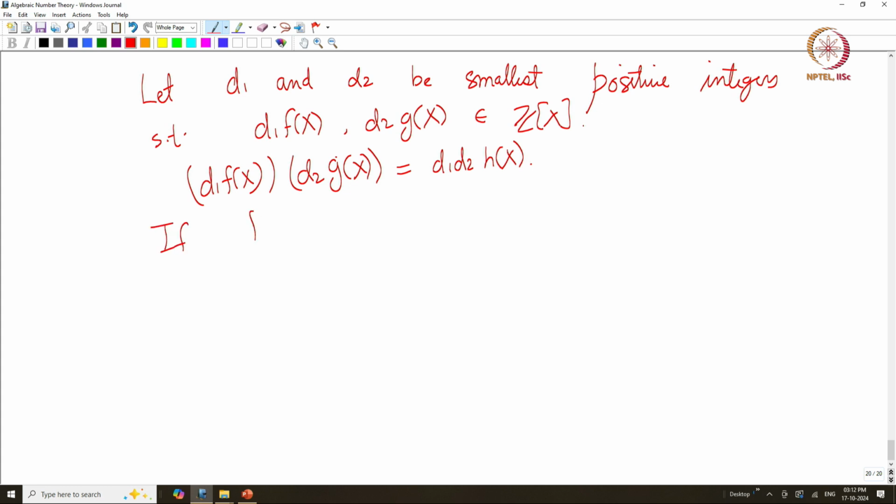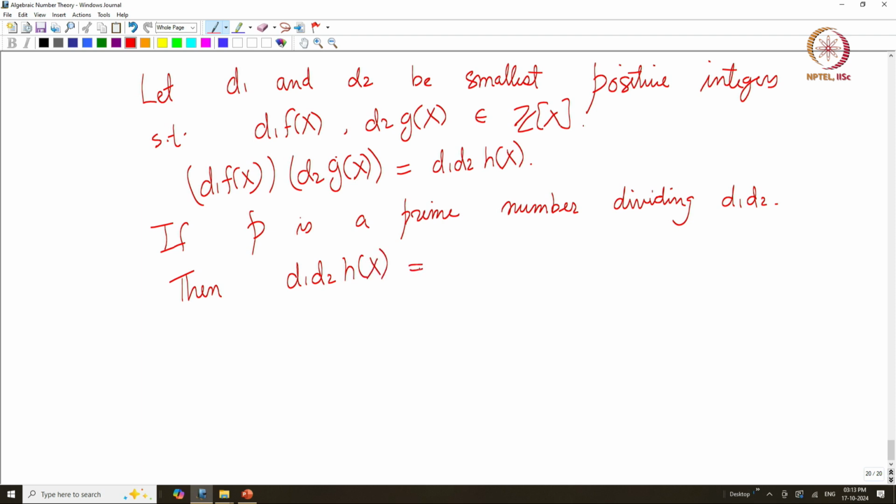So, if p is a prime number dividing d1 times d2, then d1 d2 h of x is congruent to 0 mod p, right. Coefficients of h are already integers and p divides d1 d2. So, all the coefficients of d1 d2 times h of x are divisible by p. So, we have this congruence.